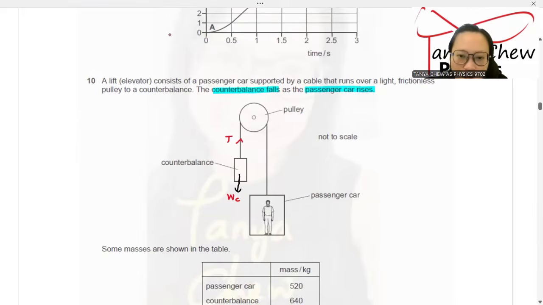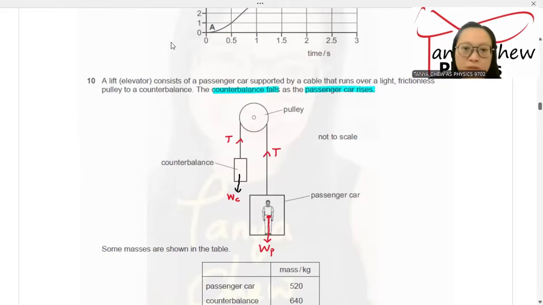This is a passenger car. So this is the weight of the passenger car, WP. And then tension, of course, will be pulling upwards. Tension is the force that is opposing the direction of the pulling force.